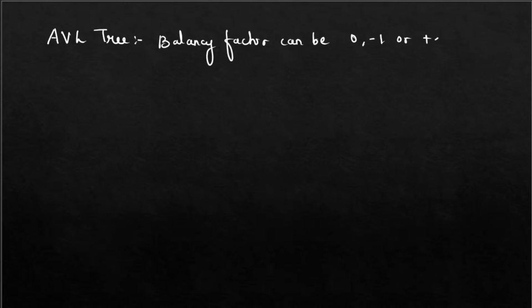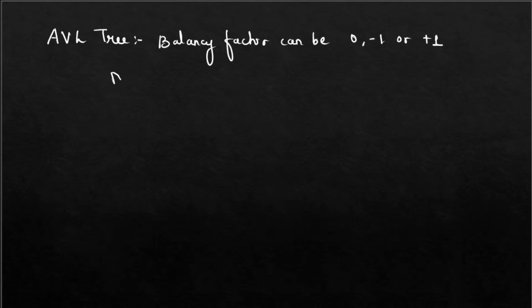AVL tree is a self-balancing binary tree where the difference between the heights of the left and right subtree of a node should not be more than 1. So the balance factor can be 0, -1 or +1.